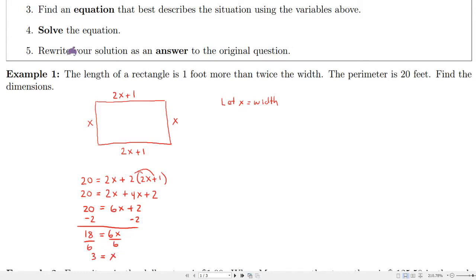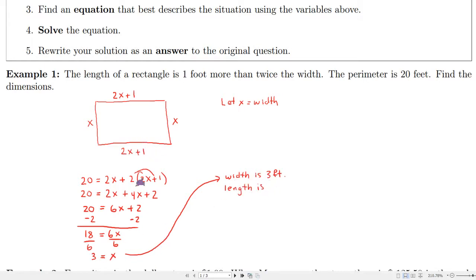So the last step up above, which is to rewrite your solution as an answer to the original question, yes, we've solved for x, but remember the original question is to find the dimensions. So we should translate our answer into an actual answer. So the width is 3, so that's 3 feet. And the length is 2x plus 1.